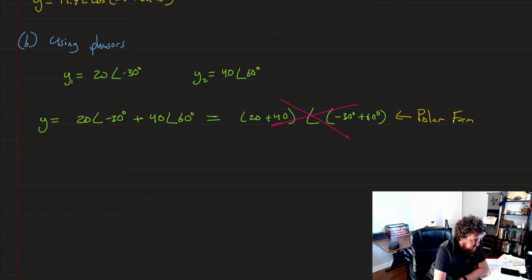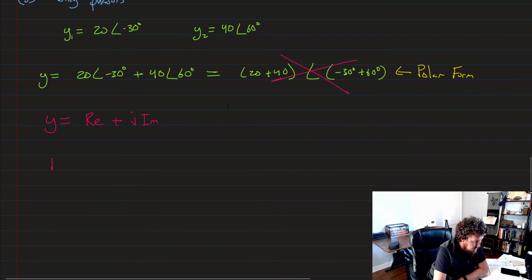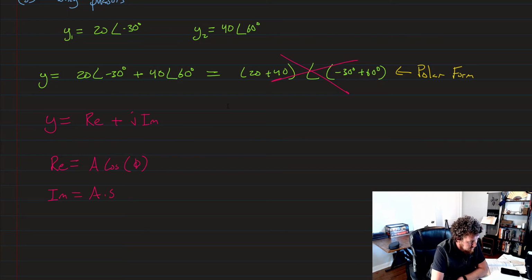If we have our function y, it'll be the real component plus j times the imaginary component. And the way that works is the real component is equal to the amplitude times the cosine of phi, and the imaginary component is equal to the amplitude times the sine of phi.